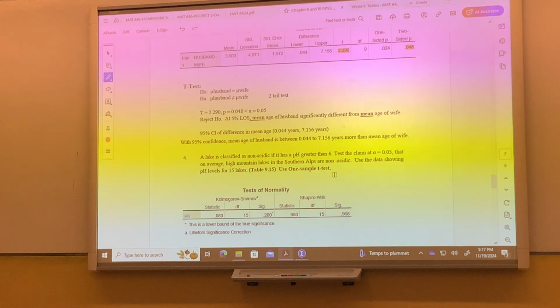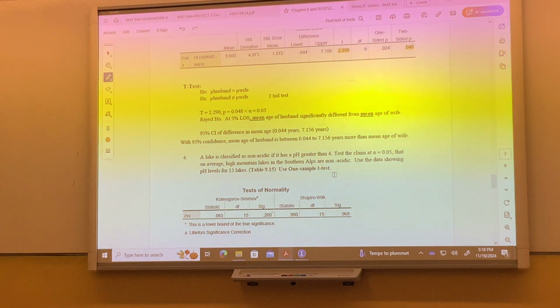Okay, I was thinking the claim could be pH greater than 6. You mean the mean. Oh yeah, mean pH greater than 6. Left tail, right tail, or two tail? Right tail. Okay, what are the assumptions?